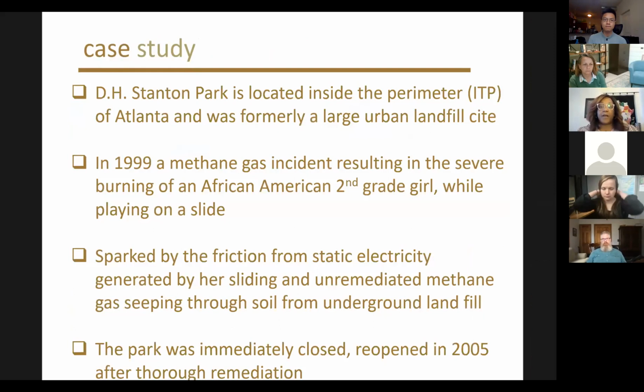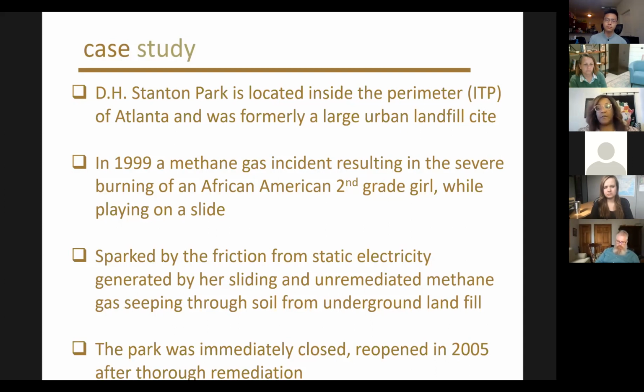D.H. Stanton Park is located inside the perimeter and was formerly a large urban landfill site. In 1999, a methane gas incident resulted in the severe burning of an African American second-grade girl while she was playing on the slide.